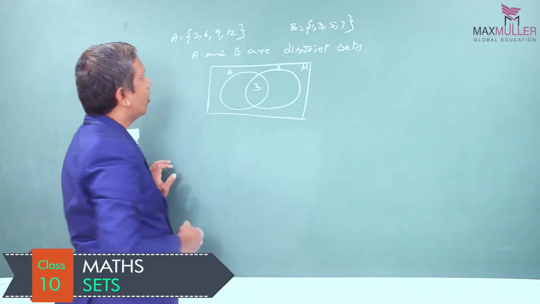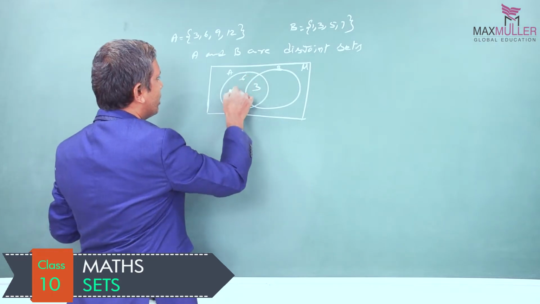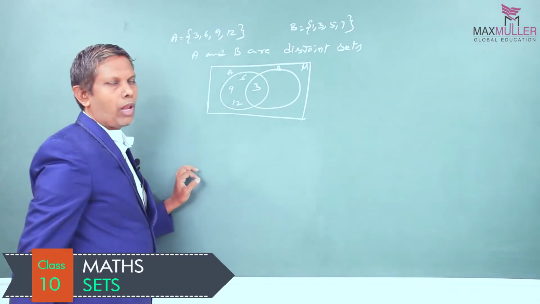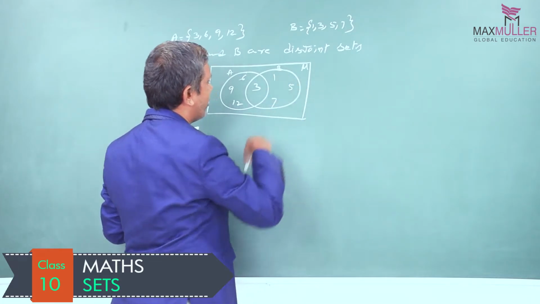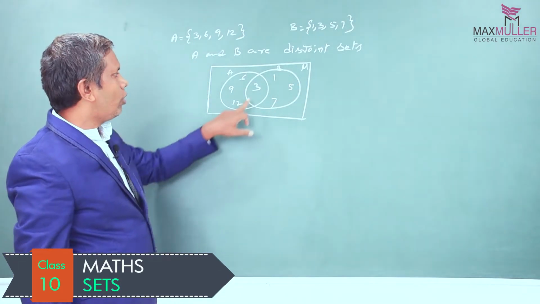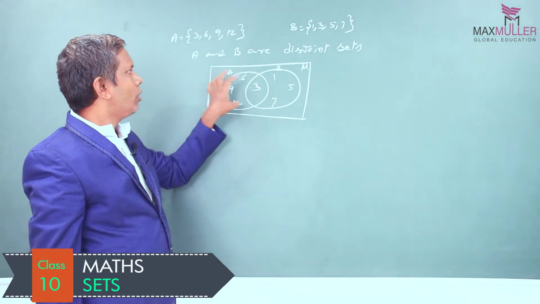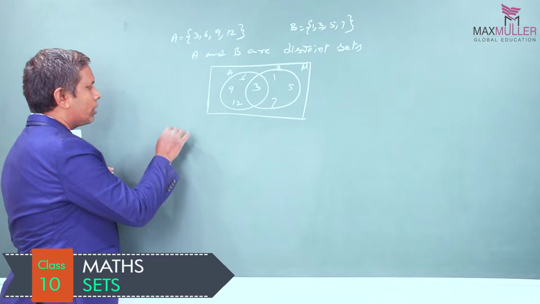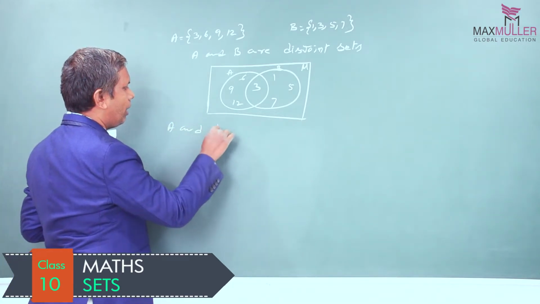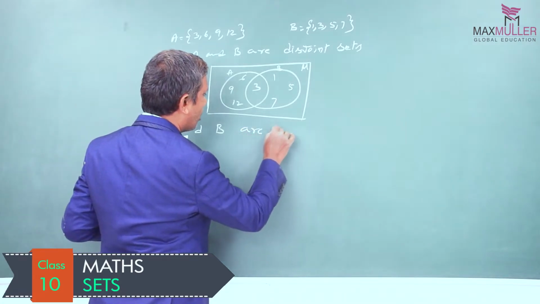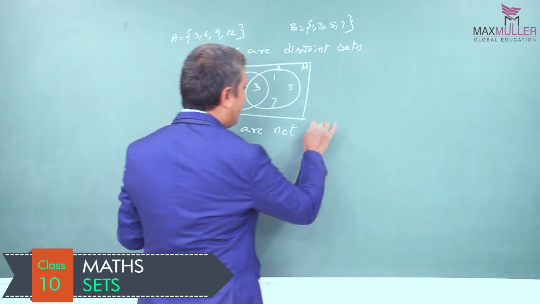Here we have the common element 3 and the remaining elements 6, 9, 12. And the remaining elements here are 1, 5, 7. So 3 is in both A and B. Therefore A and B are not disjoint sets.